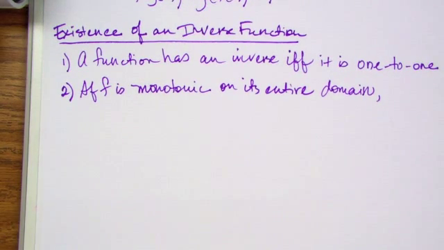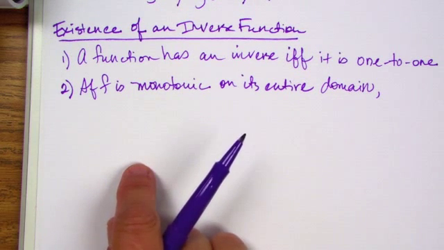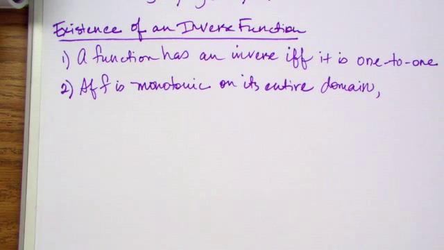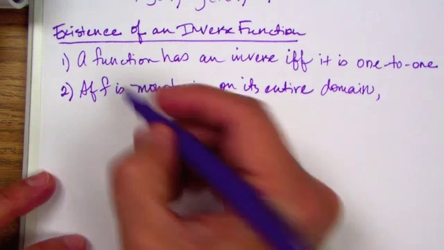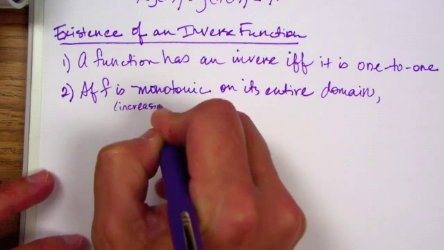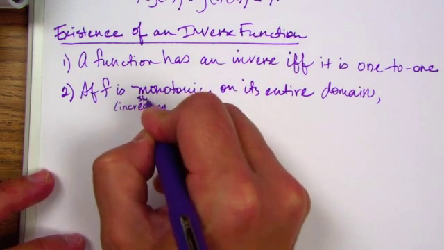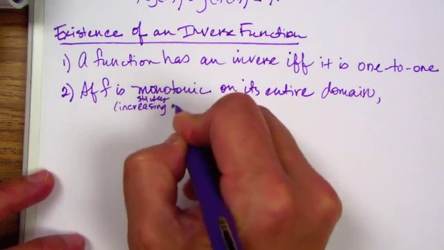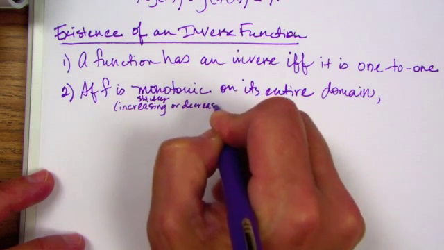So you don't know this word? Monotonic means strictly increasing or strictly decreasing. If it didn't, what would fail? The horizontal line test, right? Okay, so I'll put here in parentheses in case you don't know: strictly increasing or decreasing is monotonic.